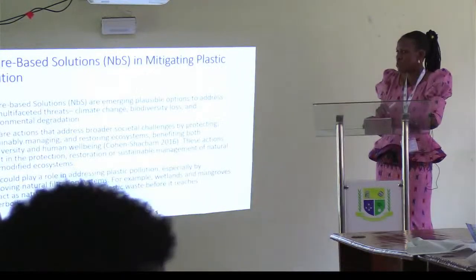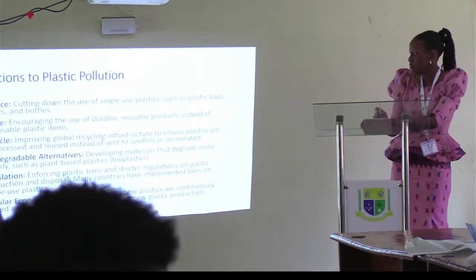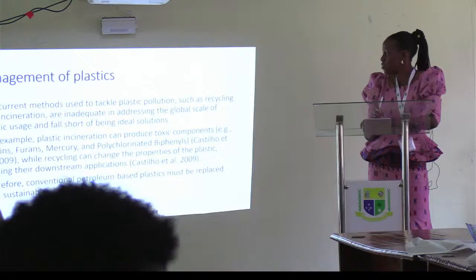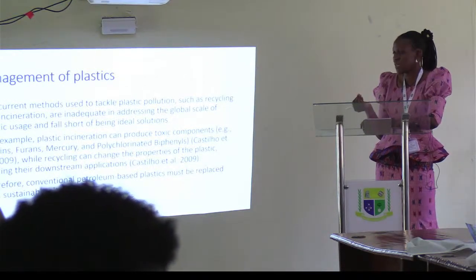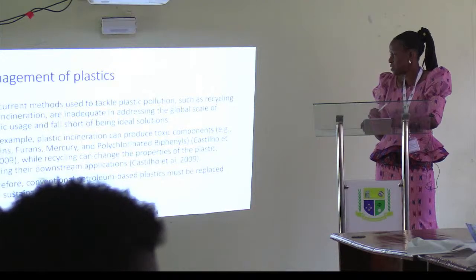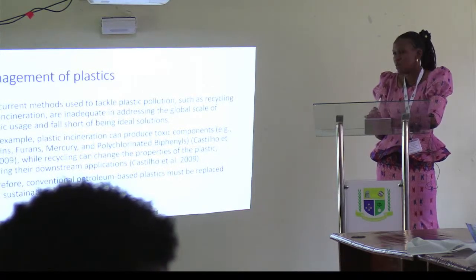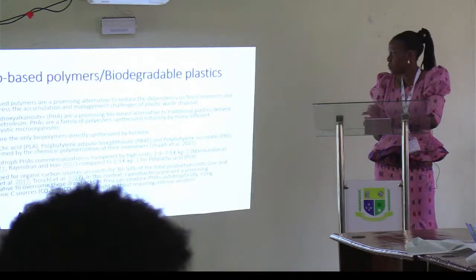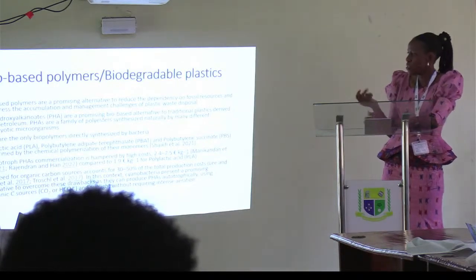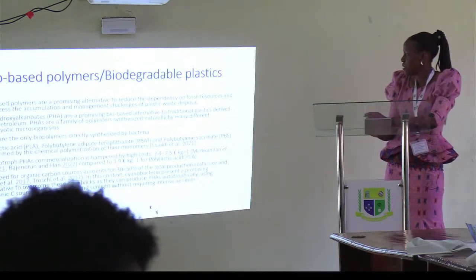And then we could also look at, if we are to manage the plastic, recycling and incineration. And then, of course, we need to replace our plastics with sustainable alternatives. We could also look at bio-based polymers, which are going to reduce our dependency on fossil fuels.